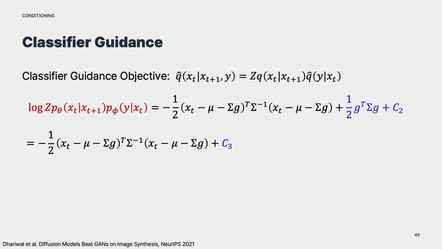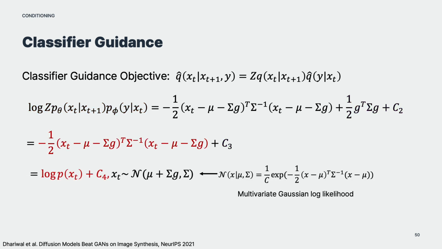So when we expand the equation more, we can group every constant into constant c3. This can again be rewritten using the properties of the multivariate Gaussian log likelihood, leading to the final expression: a log probability of xt sampled from a Gaussian whose mean is shifted by sigma g from mu.